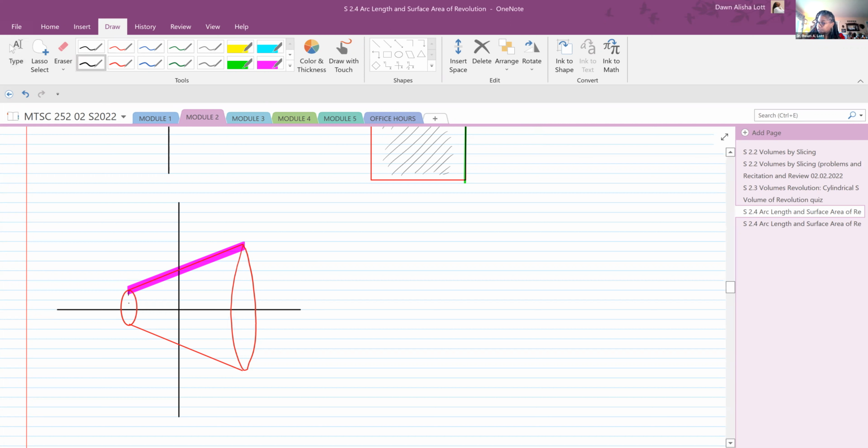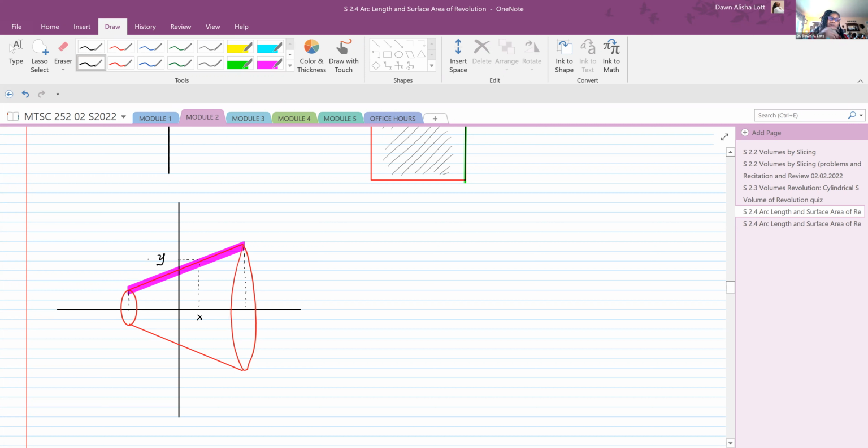The radius over here is completely different than the radius over here. So the radius is always based on the height, and the height is this function y. So for any x, the height is always y. So the radius of the circle that occurs at x is just y.